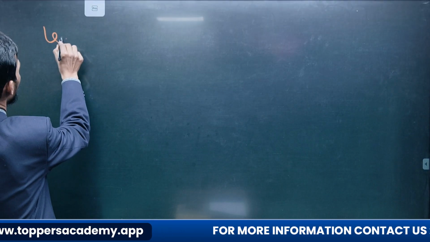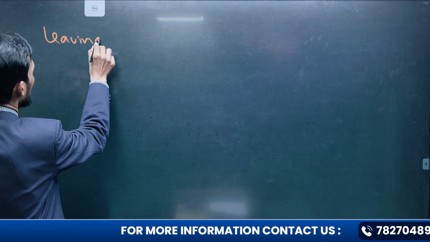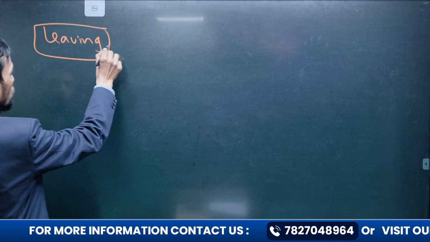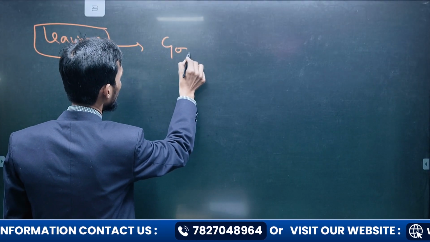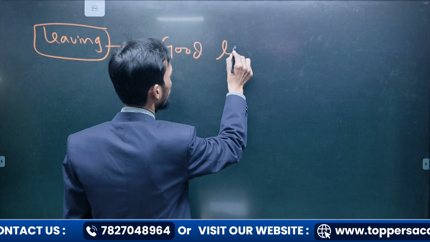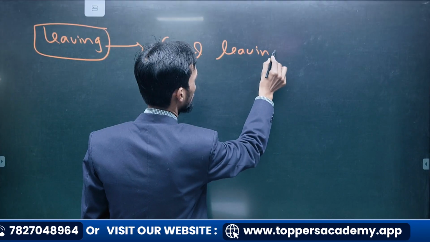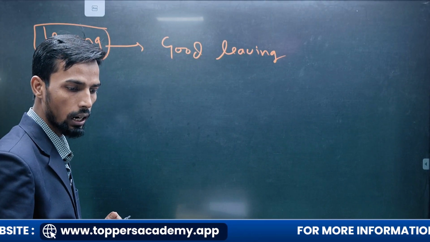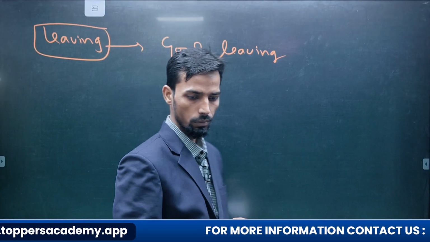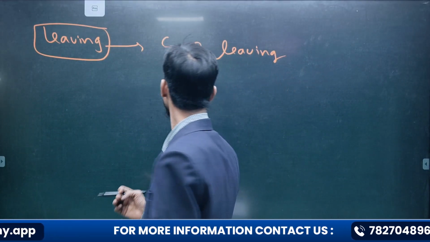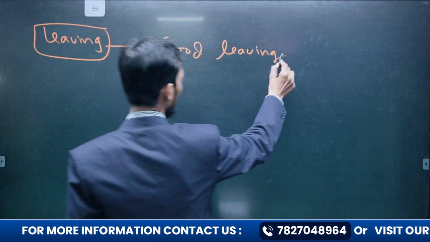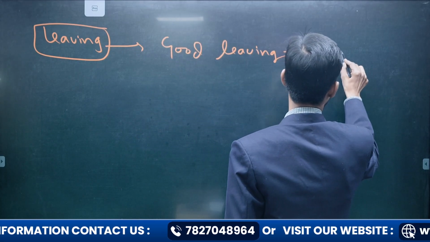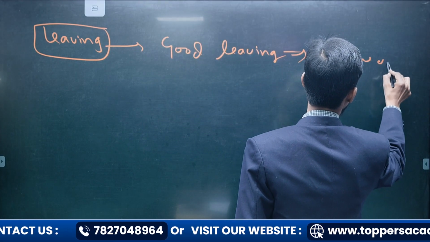The leaving group we have discussed in SN1 also. The same applies here: if it is a good leaving group, it will prefer the SN2 reaction also, and a good leaving group will enhance the reaction.